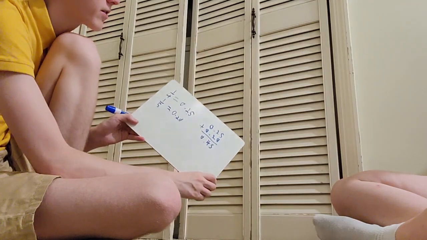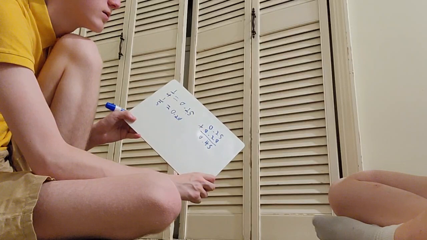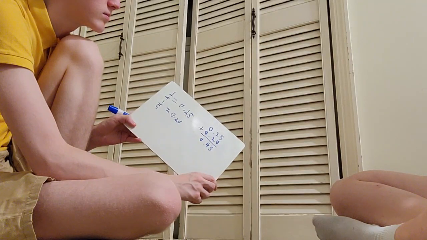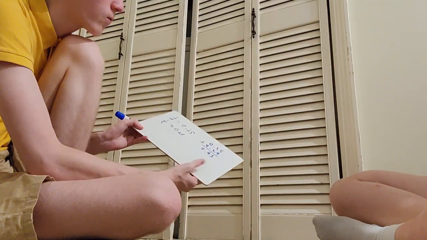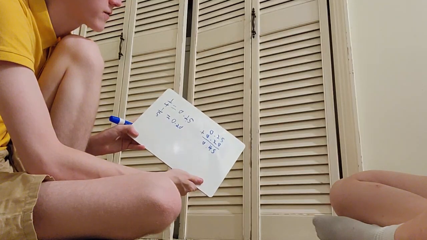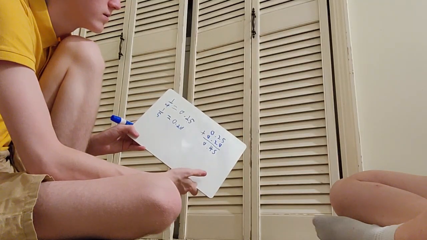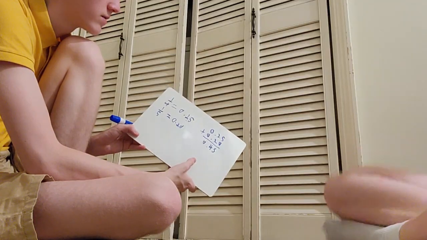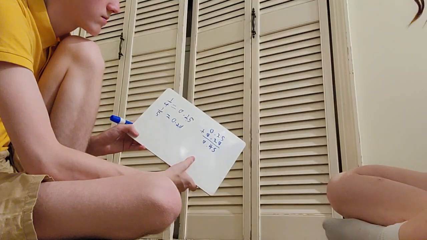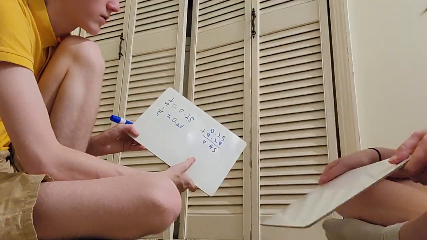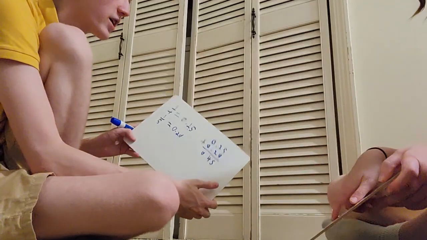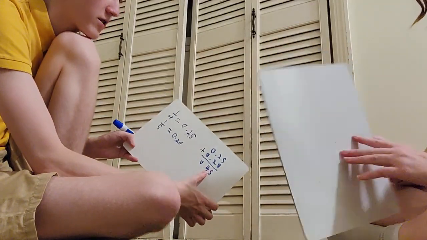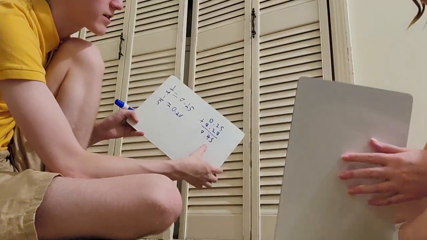Okay, how many tenths are there? 4. Okay, there's 4 tenths. So what would that look like as a fraction? You tell me what to write. You said there are 4 tenths. So how do you write that as a fraction?